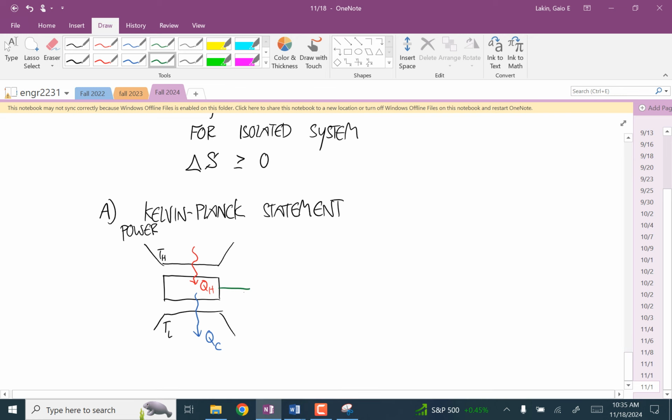And the result is that work comes out. And if you apply the first law to this cycle, taking into account the sign conventions here, you get that QH is equal to W plus QC.